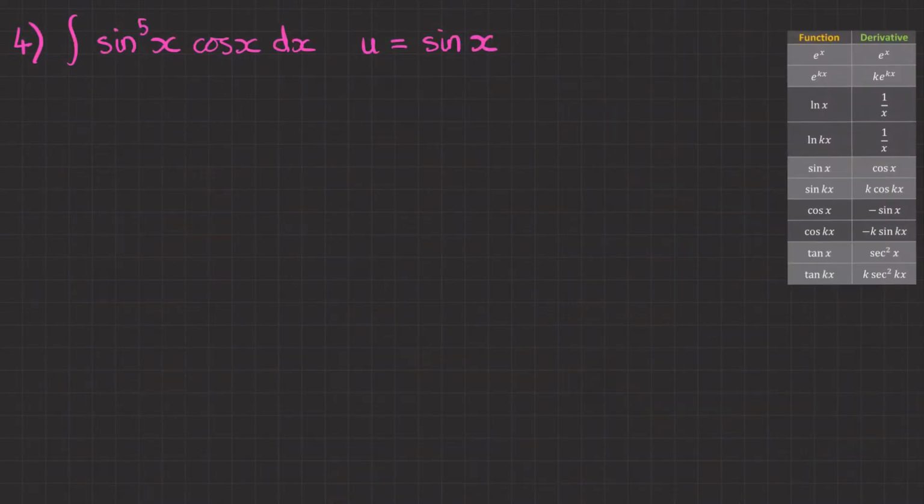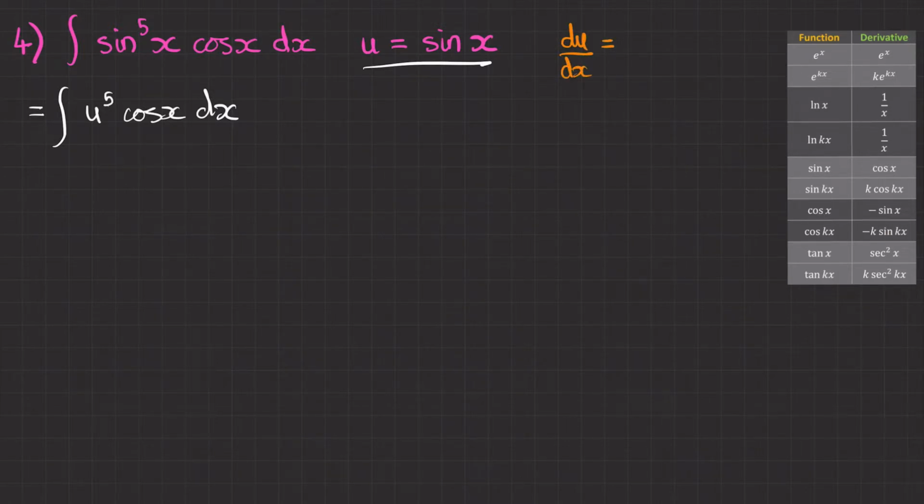Question 4 is a bit trickier, but same as always, equals the integral of u to the 5 cos of x with respect to x. We need to replace that dx now, so we need to differentiate this du term, so we'll have du over dx, which equals cos x.